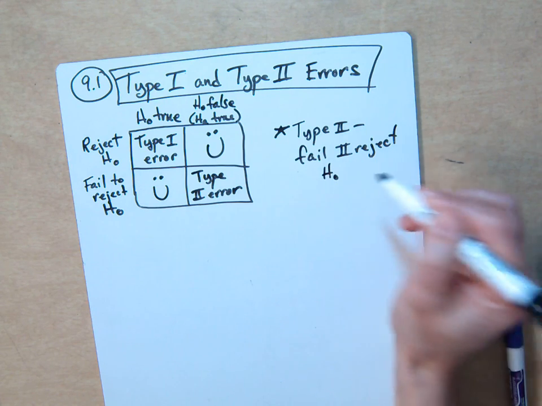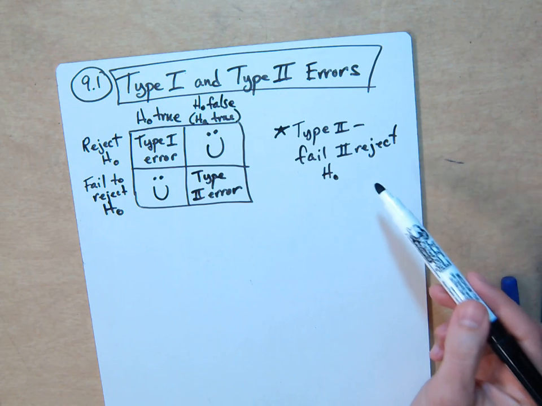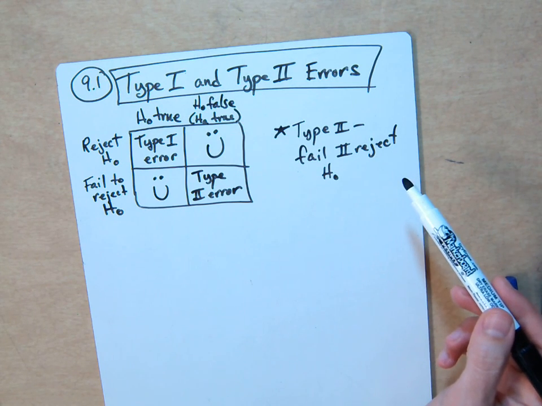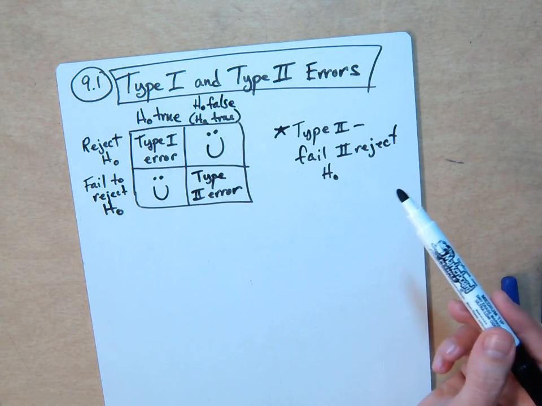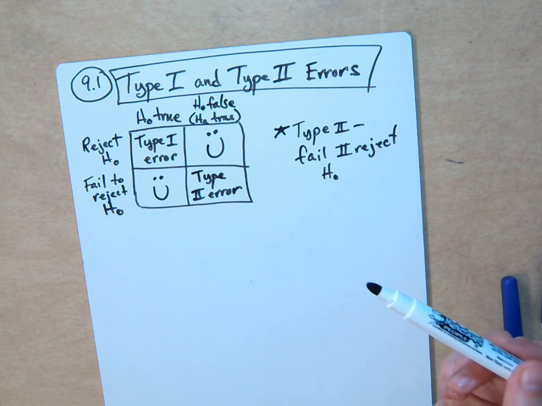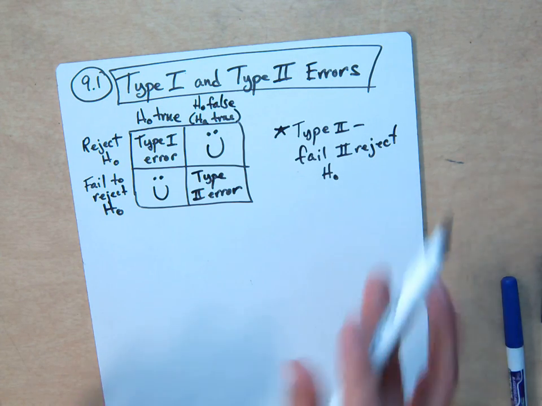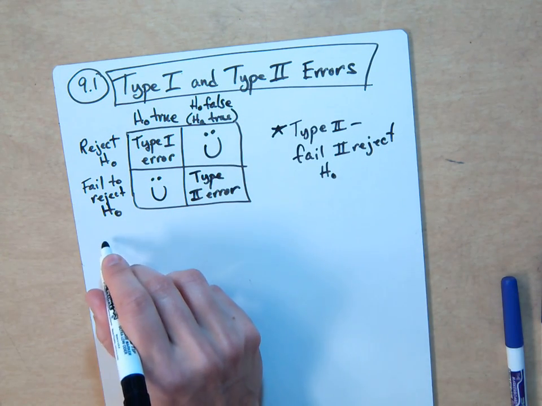Fail to reject H naught. And then if you just know that type 2 is fail to reject H naught, then the other is a type 1 error. So you won't get them confused. Just memorize one of them. Type 2 is fail to reject H naught. And we'll do an example of this in just a minute.